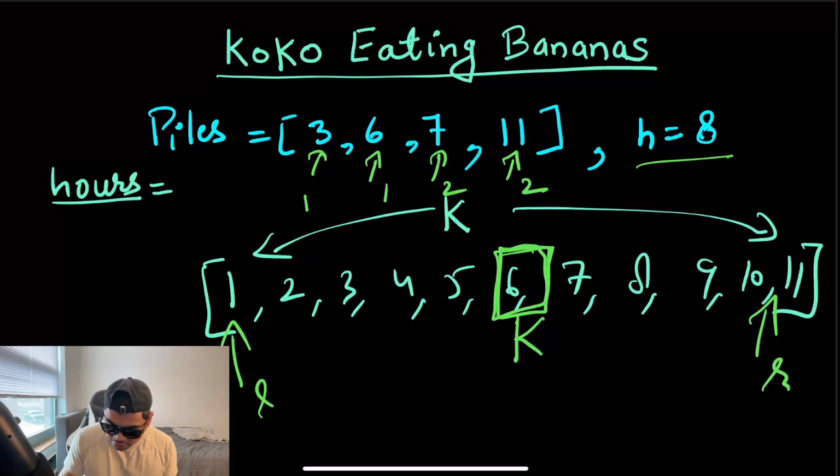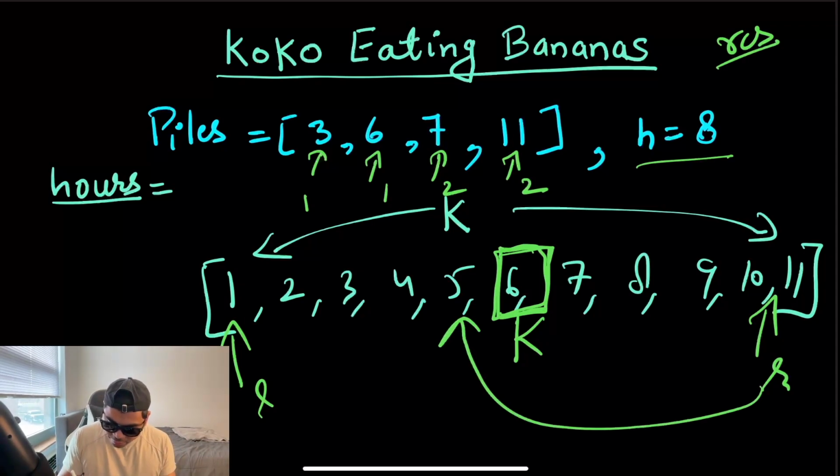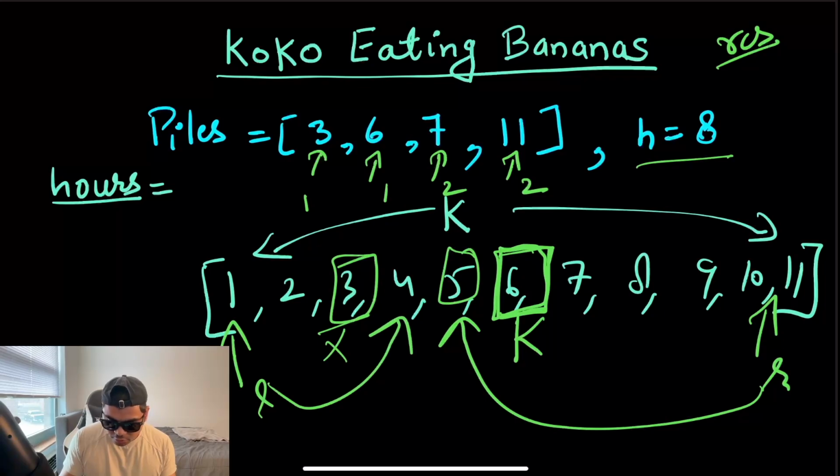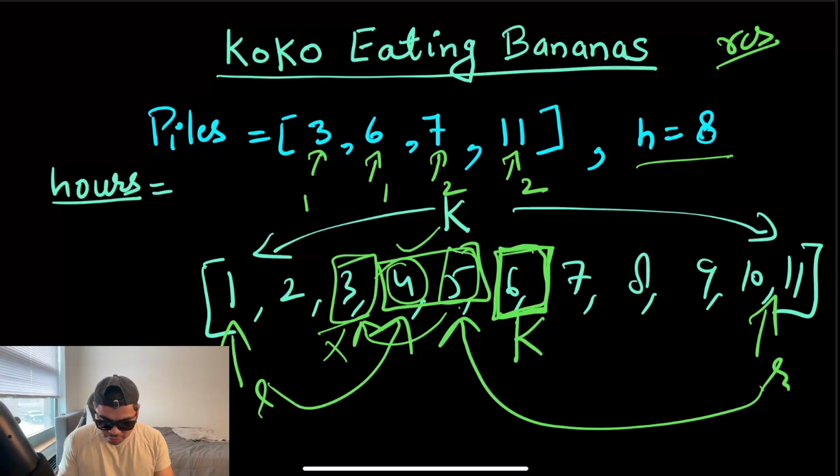So since this works, we'll maintain some result and assign it to the result, but move our right pointer to k minus 1, which will be 5. Then we find our mid again, which would be 3. This doesn't work, so the left pointer goes to 4, and over here we find the mid, which would be 4. 4 works, but this time we bring our right pointer to 3, and the left pointer remains there.